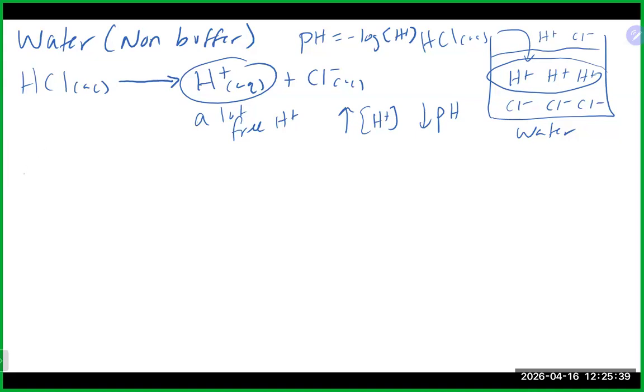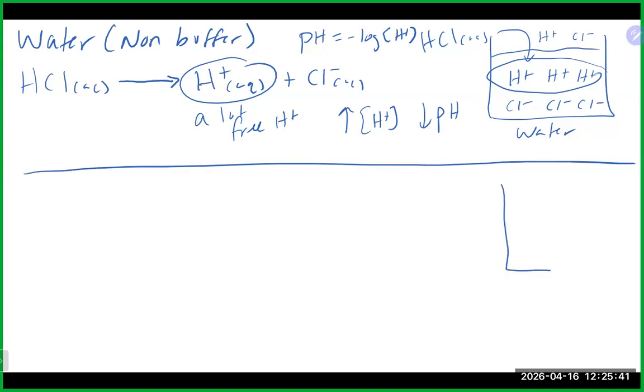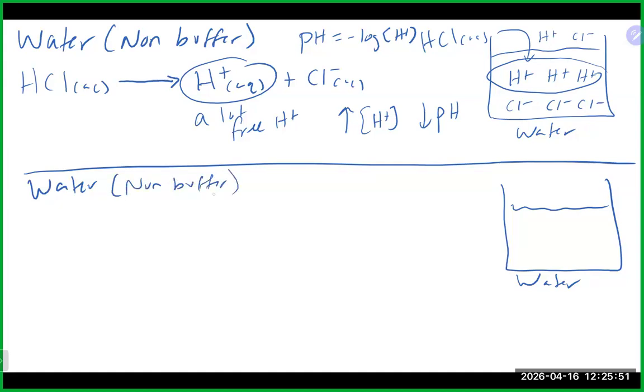If we take our same water solution here and we add sodium hydroxide to it, which is also a strong base, it also is going to break apart into sodium ions and hydroxide ions.